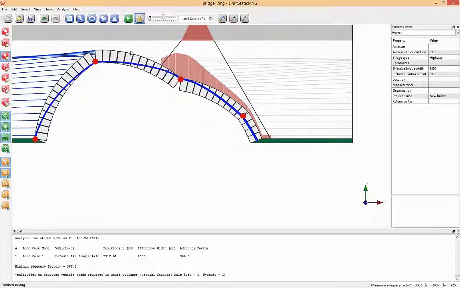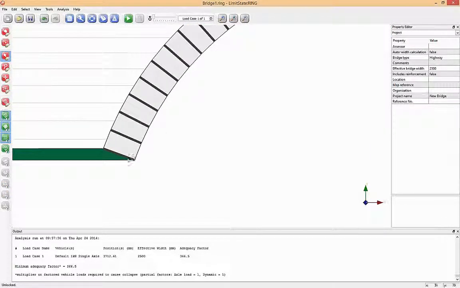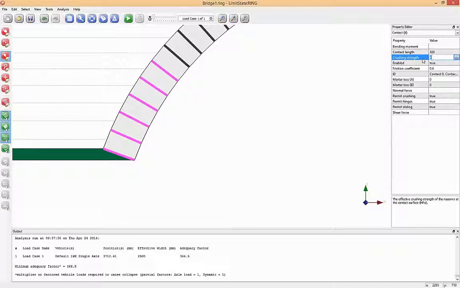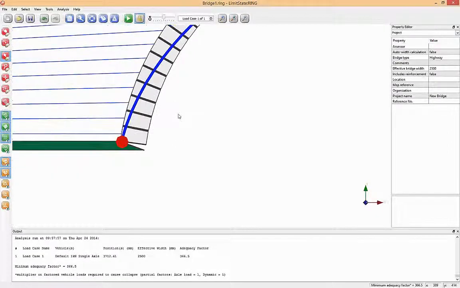If I click solve here, I've got this adequacy factor of 366. Let's suppose that in this region, the other side of the bridge, I've got very strong masonry. I can take advantage of that. I can change that from 5 to 50. When I click solve, it makes very little difference in this particular case.